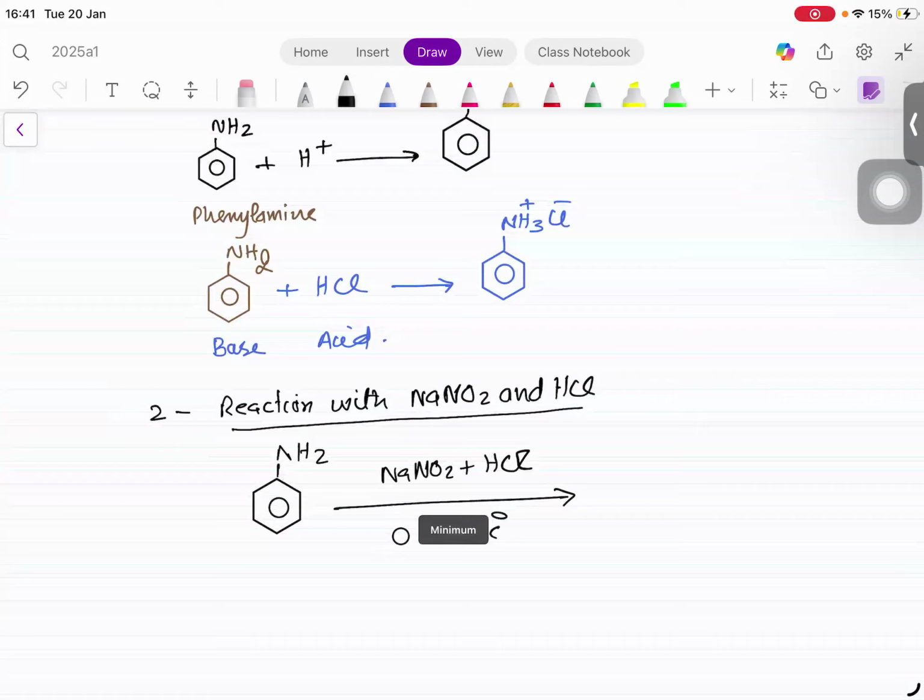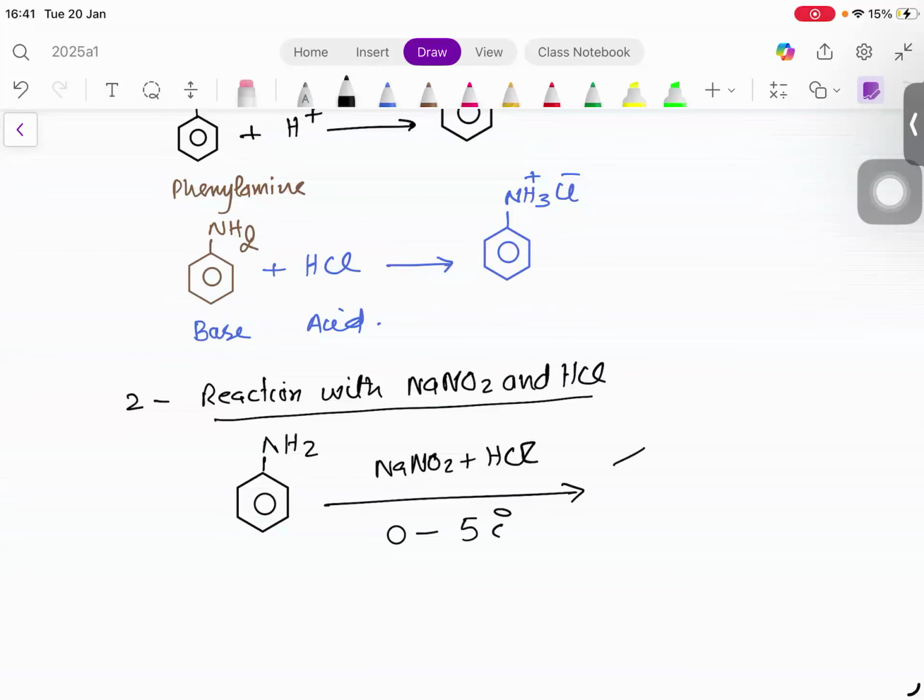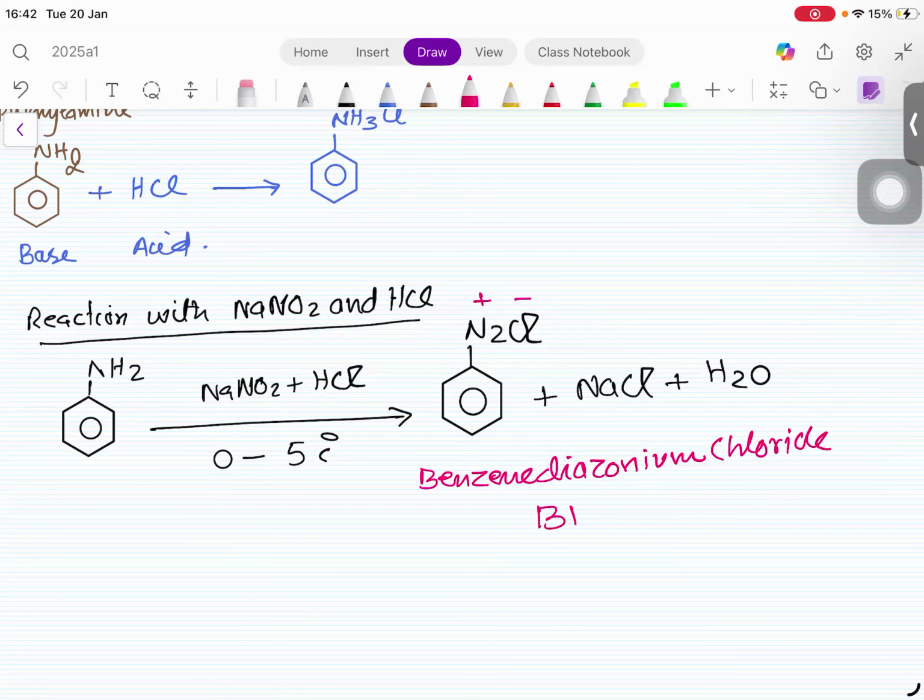That forms N2Cl plus NaCl plus H2O. This N2Cl is an organic salt, with positive and negative charge, known as benzene diazonium chloride, which is BDC.